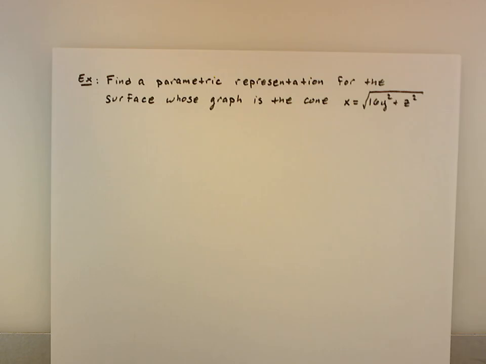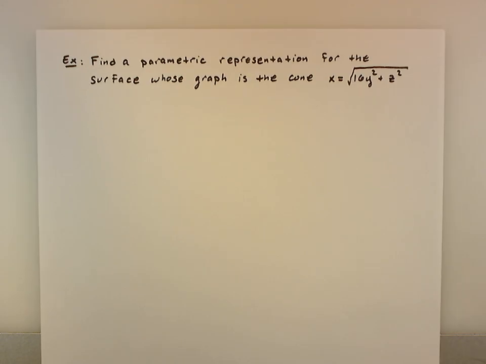Next example. Find a parametric representation for the surface whose graph is the cone x equals square root of the quantity 16y squared plus z squared.